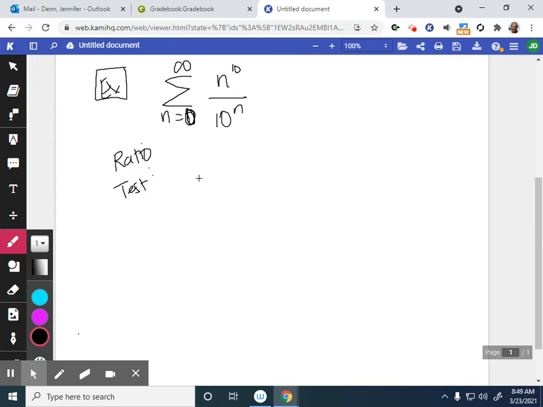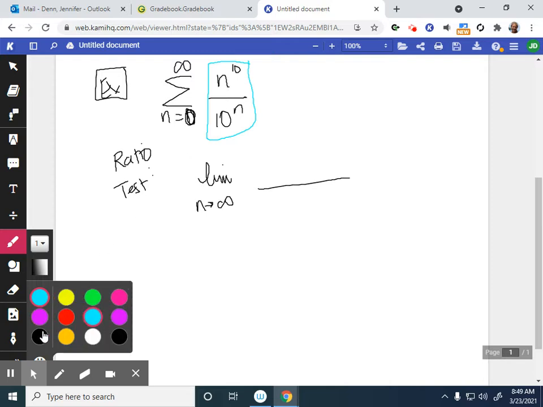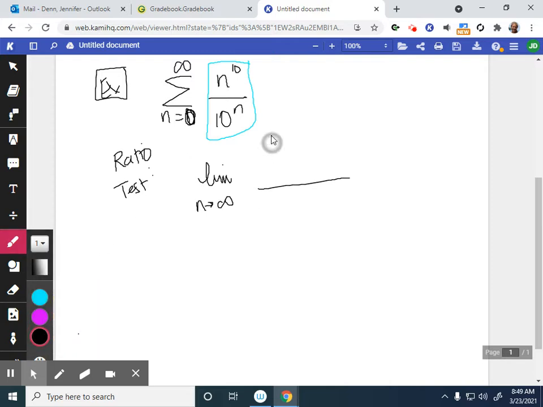So again, the ratio test says take the limit as n approaches infinity, make a big fraction. On the top of that fraction, we're going to plug n plus 1 in for all of these n's. And on the bottom, we're going to have this exact same thing. So the top is going to become n plus 1 to the 10th over 10 to the n plus 1.